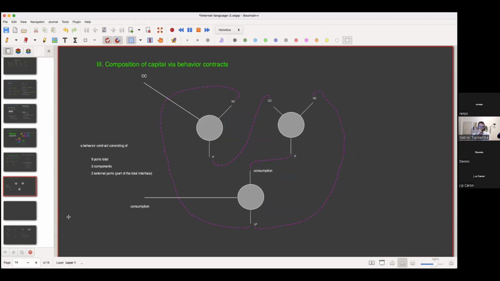Yeah, so the bombastic claim here is that the value form is a behavior contract. It's a behavior contract that's composable and also takes into account time as a component.